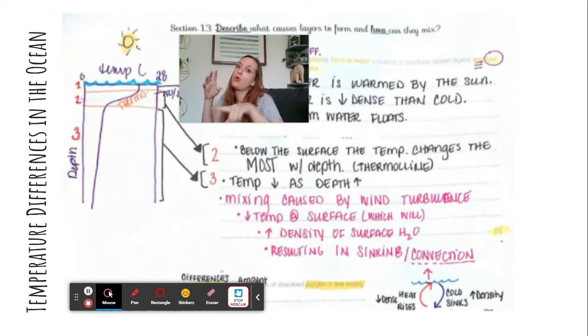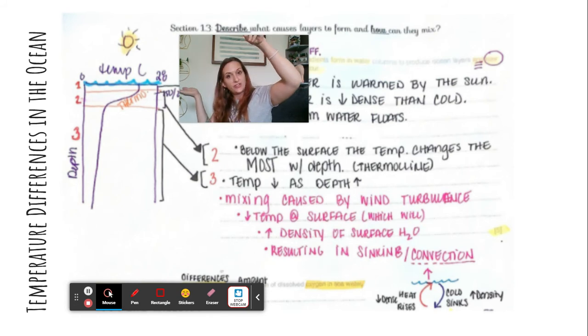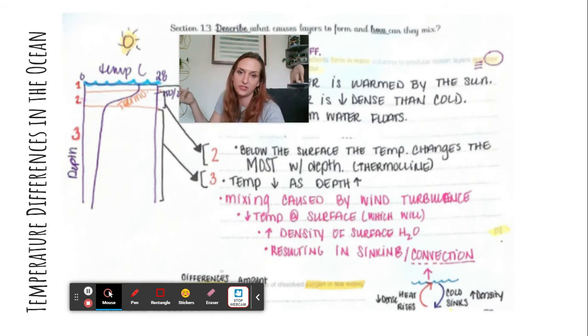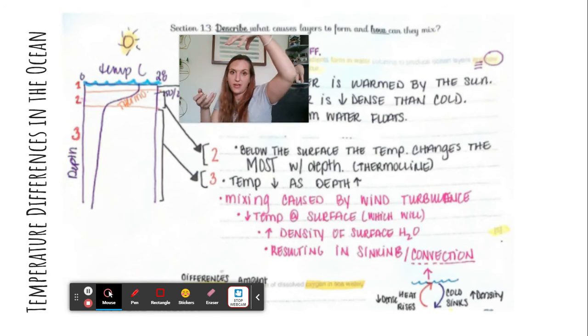Magma gets heated at the core, and so it rises, and then it starts to cool down, and it'll sink again, and that causes those convection currents, which ultimately move our plates, the lithospheric plates. Lava lamp. It gets hot at the heat source, and then it starts to move up, moves away from the heat source, cools down, and sinks. That is a convection current. Heat rises and cool things sink.